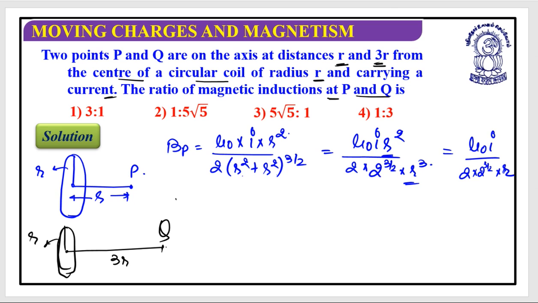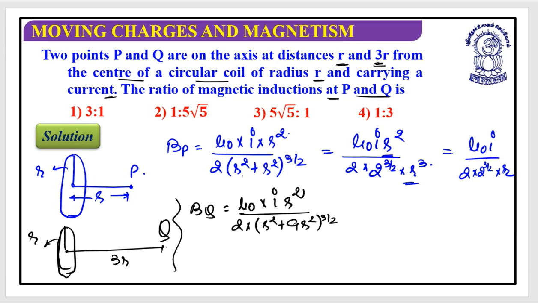This is point Q. So the magnetic field at point Q can be written as mu naught I r square divided by 2 into bracket r square plus 9r square to the power 3 by 2. That is 10r square, so this is 10 to the power 3 by 2 multiplied by r cube.